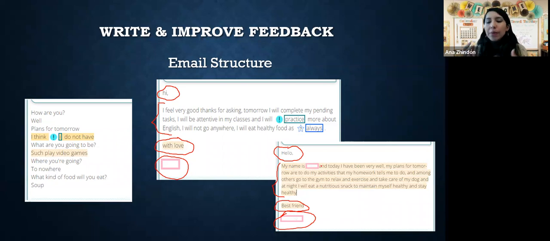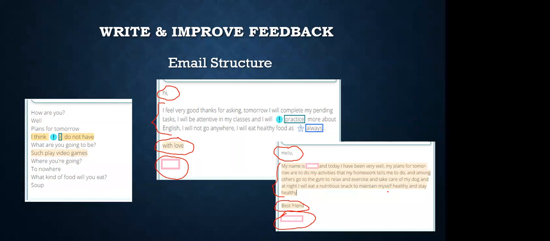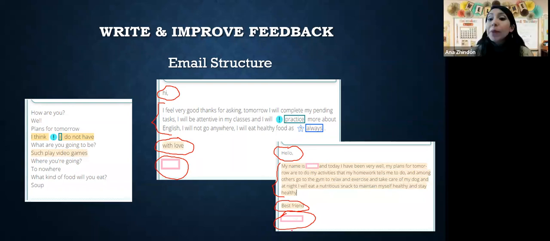And today I have been blah, blah, blah. And at the end, the student wrote, best friend, Melanie. But here it says Anna, my name is Anna. So in the signature, I have to put my name. If I say my name is Anna, what do you have to put here? Melanie or Anna? Anna. It has to be the person who writes.